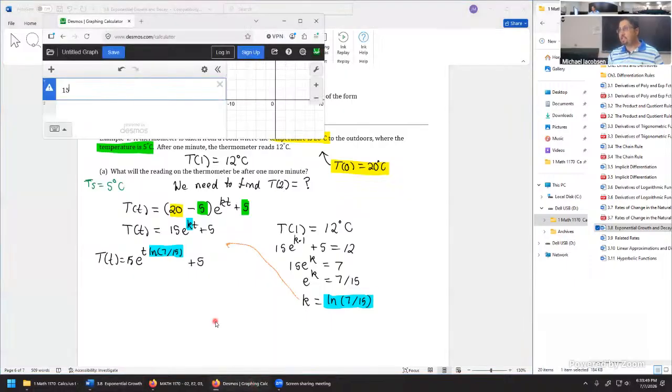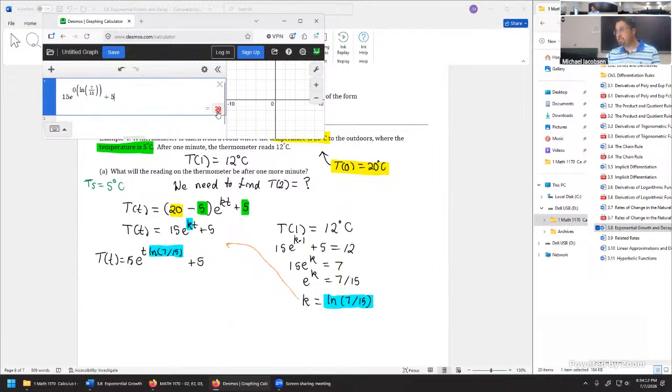Take 15 times e to the power of, let's plug in 0 times, if I can get a times there, I'll use a parenthesis, natural log 7/15 plus 5.